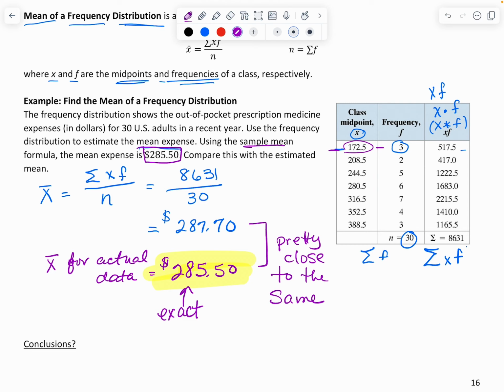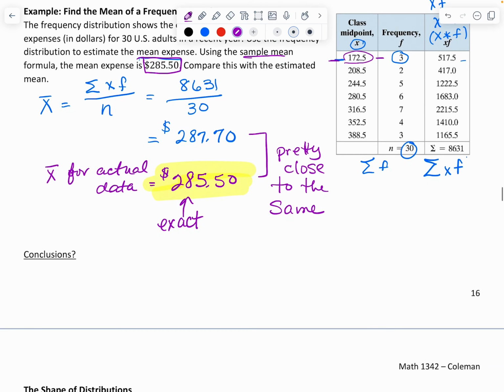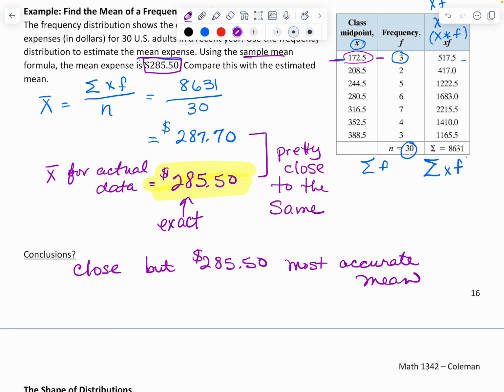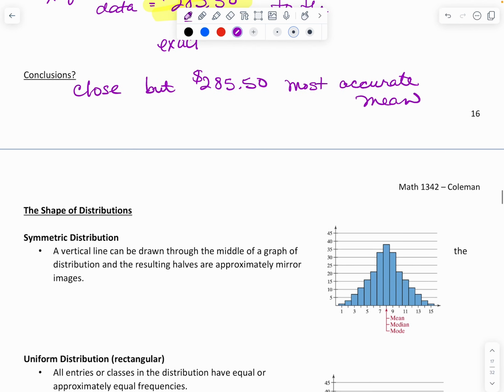If all you know is this frequency table, but you don't have the initial data, then you're not going to be able to do anything other than find the mean of this distribution. So your conclusion is, again, they're close, but 285.50 is the most accurate value, or most accurate mean, or average.